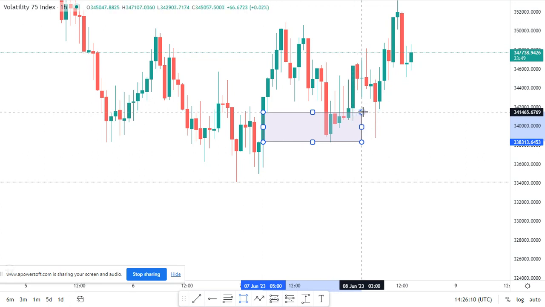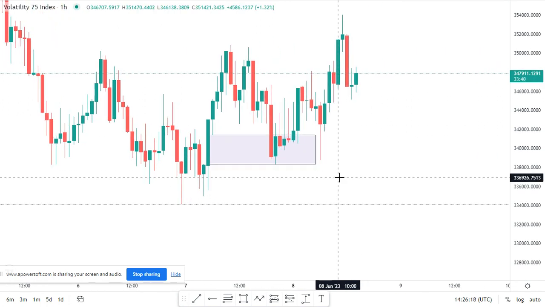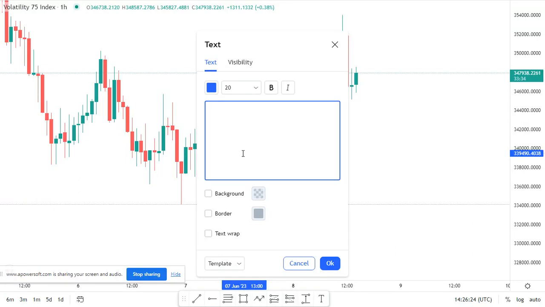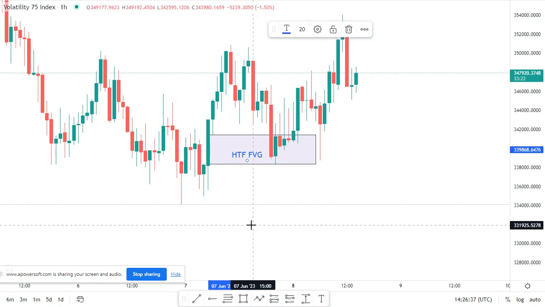So a nice fair value gap on a higher time frame. This is H1, right? After identifying the fair value gap on H1, we go to the lower time frame, M5.